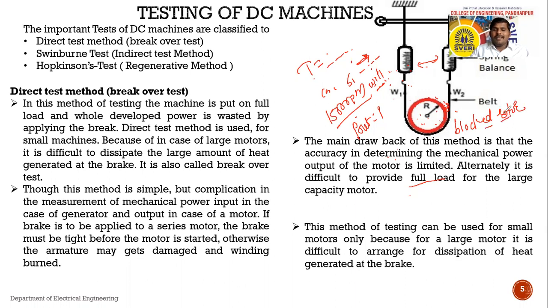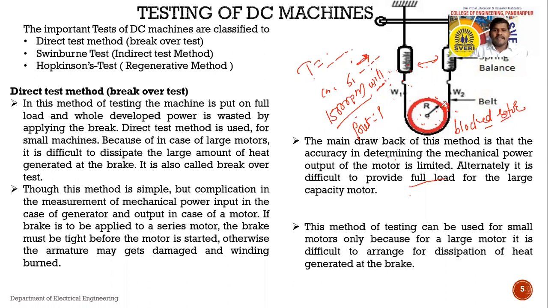But if the machine is of large size or large capacity, it is not possible to provide the full load by this pony brake arrangement. So this is one of the drawbacks of the direct method of testing.